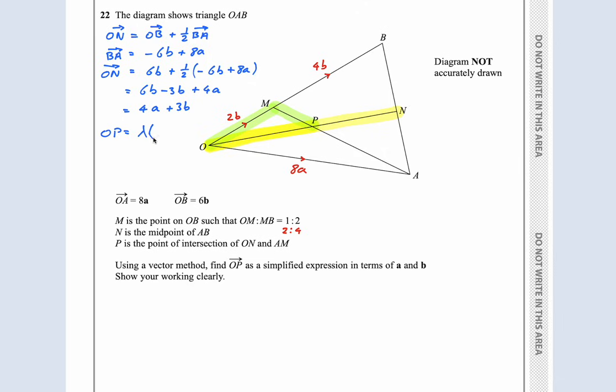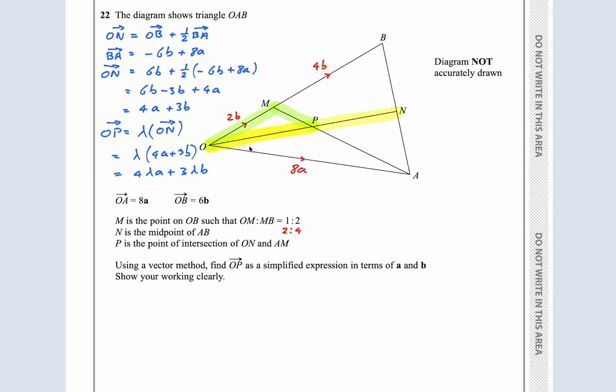So it's some fraction lambda, that's OP, of ON, which means it's some fraction of 4a plus 3b, which means it's 4 lambda a plus 3 lambda b. Okay, that's OP, my first method.